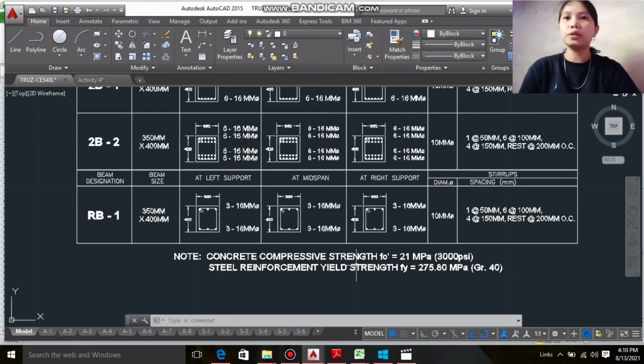So concrete compressive strength is 21 MPa or 3000 psi. The steel reinforcement yield strength is 475.8 MPa or grade 40. So there is a schedule of beams.